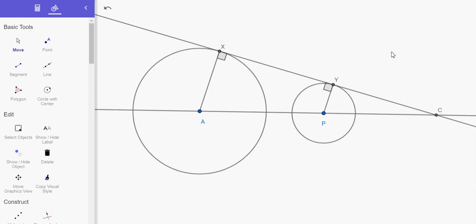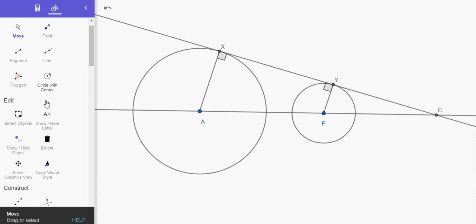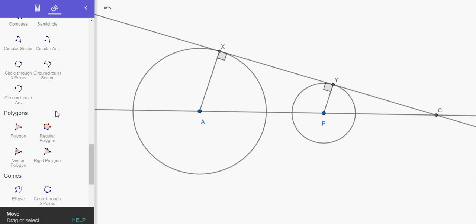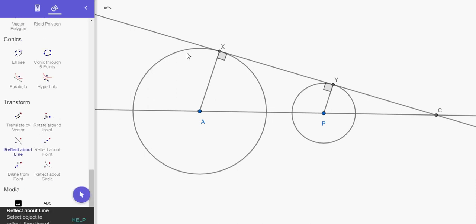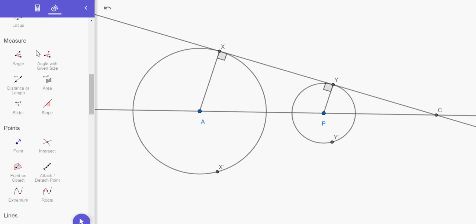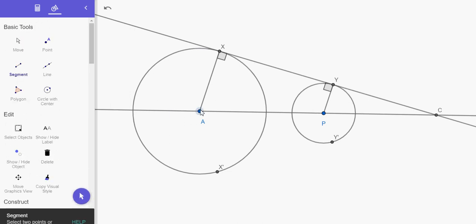Moreover, something really interesting you can do with this line through the centers is you can see that this line is actually a line of symmetry for the diagram, which means that if we reflect these objects over this line, then we see that we get the tangent on the other side.